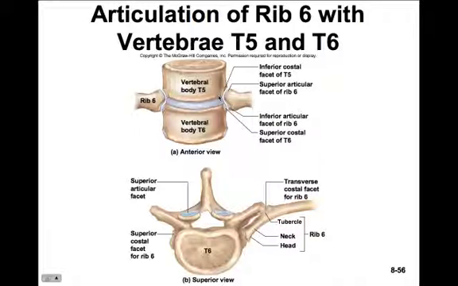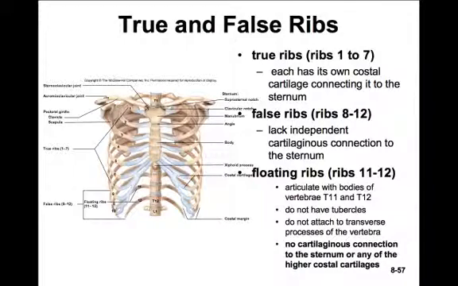So you can see it's important to be specific with your naming. This would be specifically the inferior costal facet of the vertebrae, and then this side would be the superior articular facet of the rib.